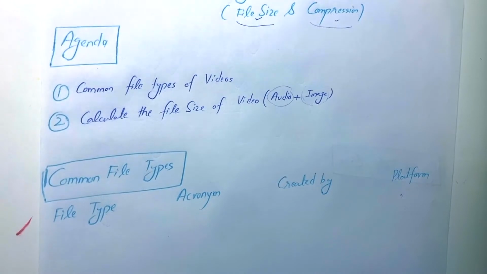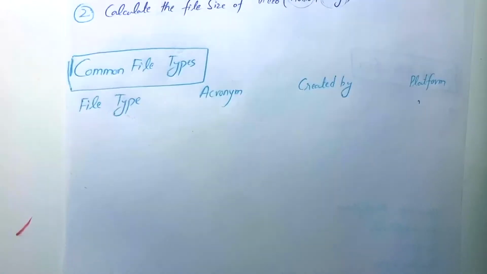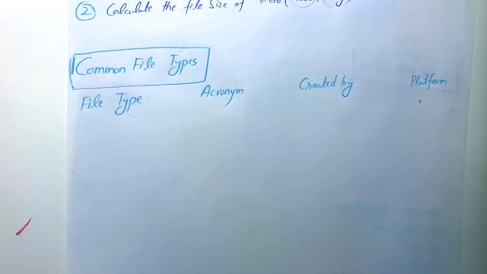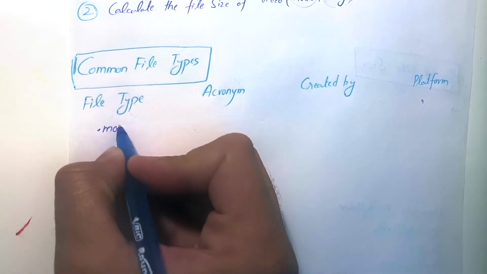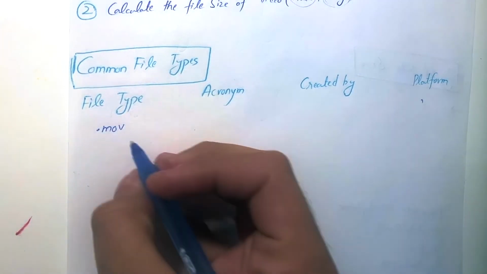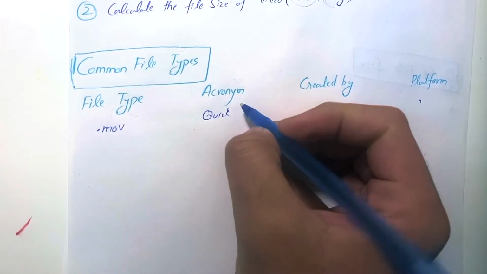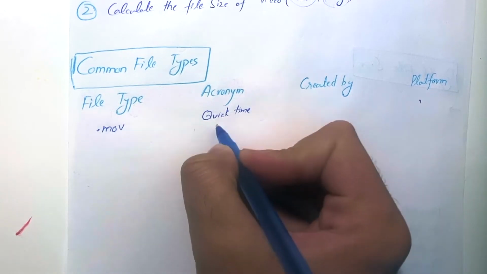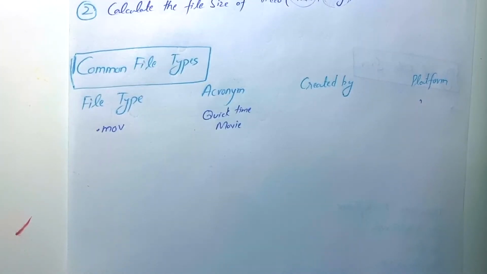So let's start with the common file types of video with different platforms. The first agenda item. One of the most widely used types of video is .mov. You might have seen .mov in lab number 4, when you export the final file, that might be a .mov. .mov is the acronym for QuickTime Movie, which is compatible with QuickTime Movie Player, a product of Apple.